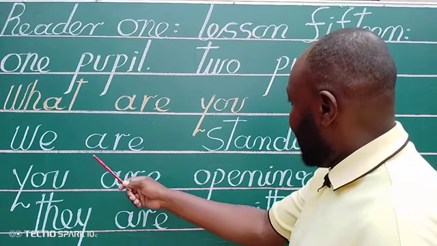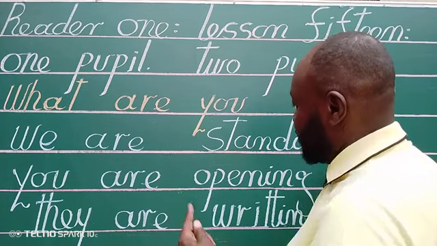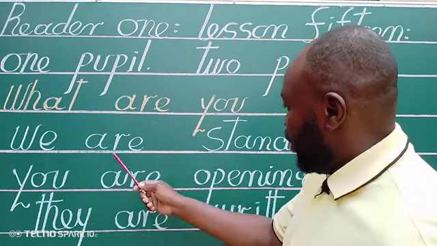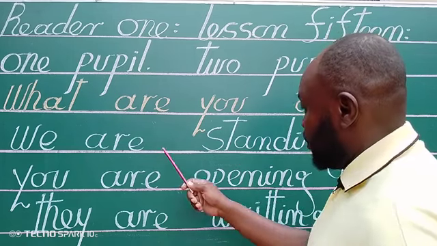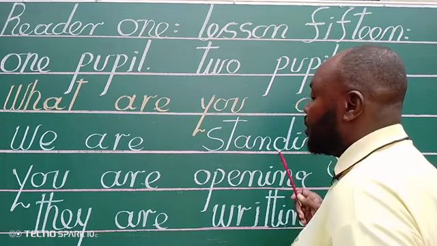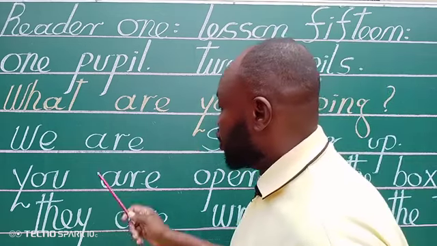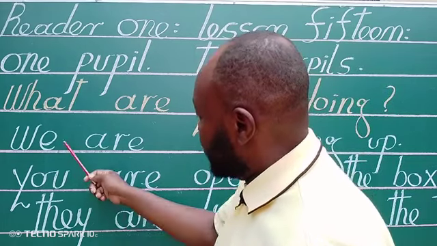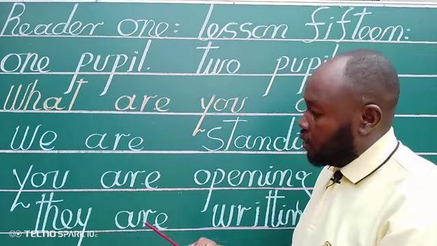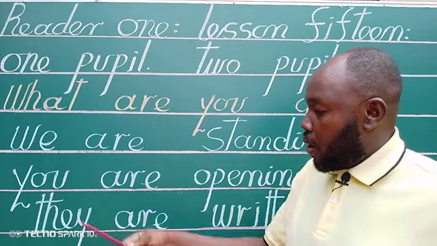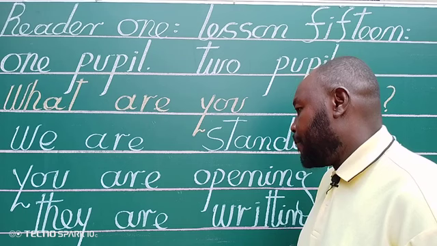We can say, I am standing up, this is singular. She is standing up. He is standing up. It is standing up, okay? But instead of the singular, we use the plural: we are, you are, they are, okay?